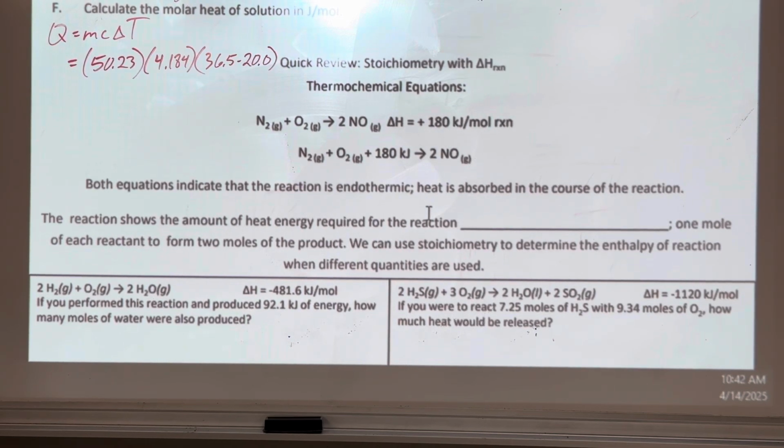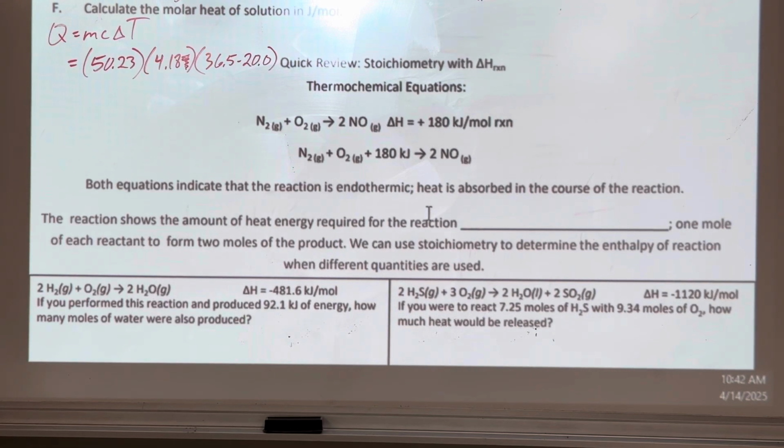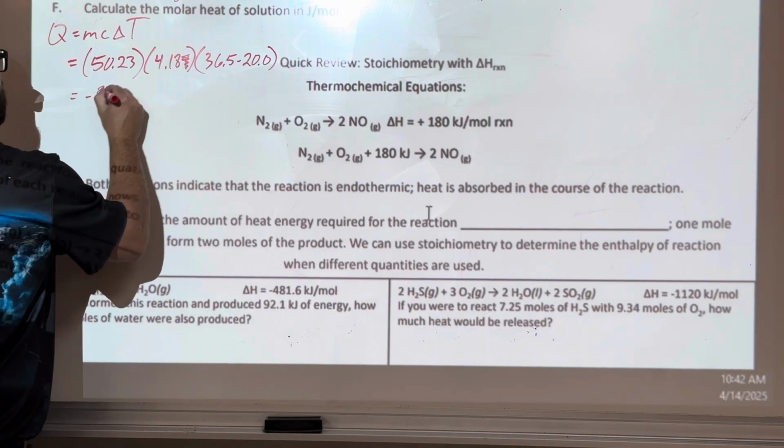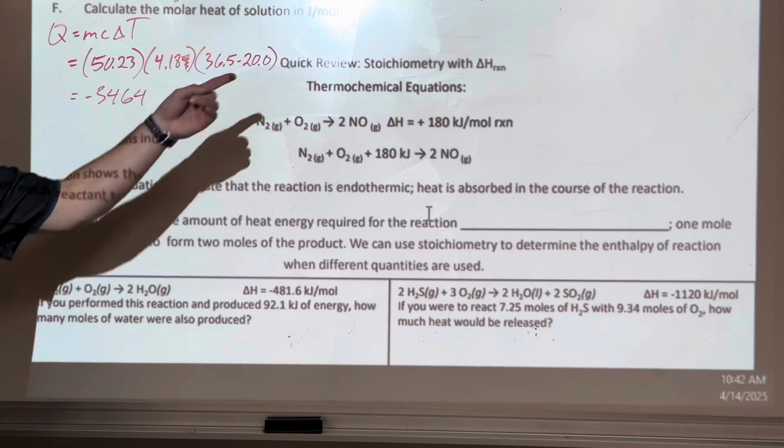And then we're going to multiply all of that together. 50.23 times 4.184. Or it just says 4.18, so we'll just use 4.18. Times 16.5. Negative 3464. That's Q. We've already got moles.